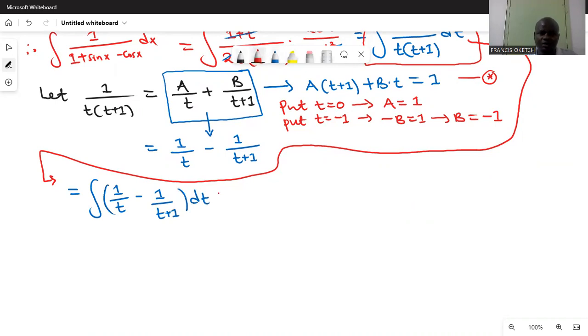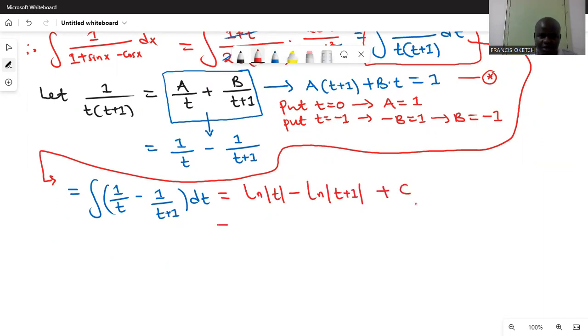And so if you integrate, the first term will give us natural log of t, and then minus natural log of t plus 1. Then there's a constant c of integration.